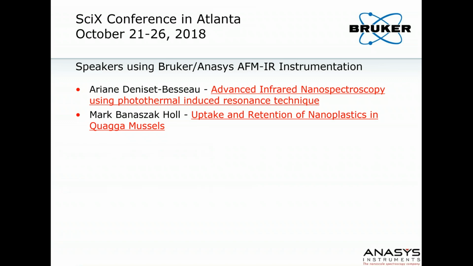And then Mark Banachek-Hall has a new paper, some very interesting new work that he was invited to speak about in a special session on nanoplastics, where he's been able to use AFM-IR to detect nanoplastics in seafood. This is a really important area, and I think an important one in the future for AFM-IR to be able to identify nanoplastics which are appearing everywhere and are a serious problem.